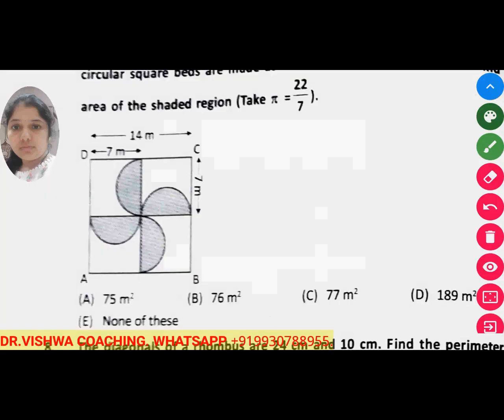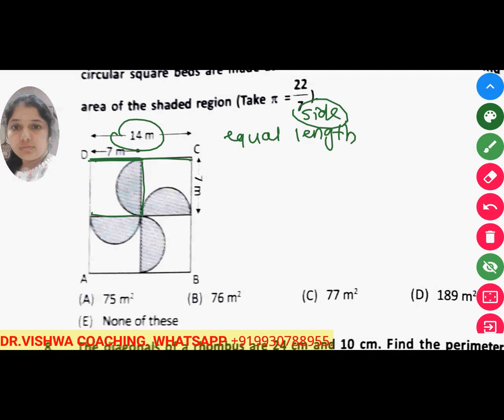Square means all sides are of equal length. Now the side is given as 14 meter. So half of it is 7 meter, because the bigger square is also divided into 4 small squares which are of equal length.